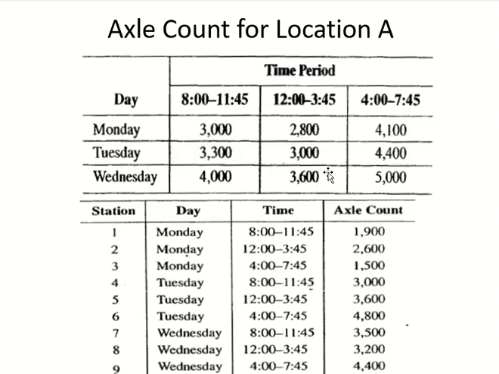Then you match the day with the station. So the 12 hour value, the 1 day value of this location will be multiplied with the adjustment factor of Monday, the 12 hour value of this location again multiplied with the adjustment factor of Monday, and so on and so forth.